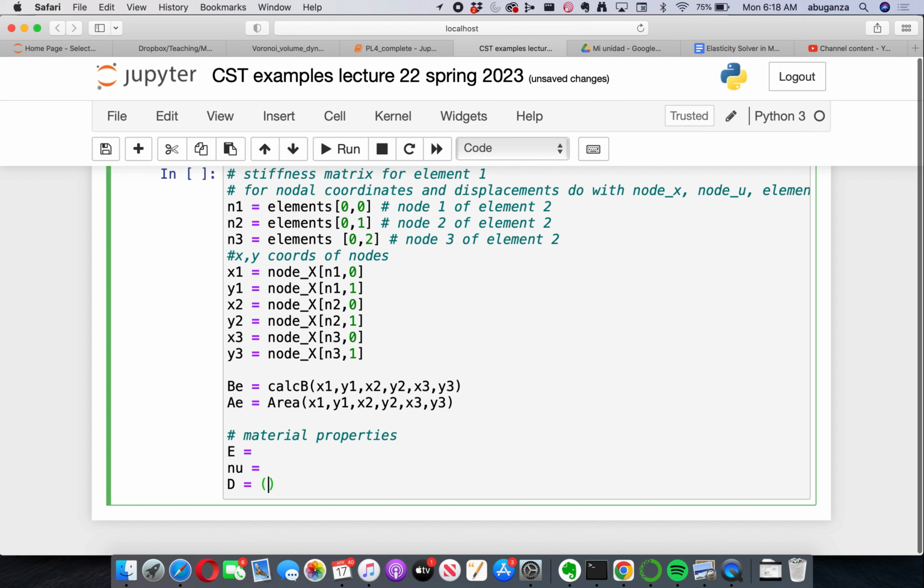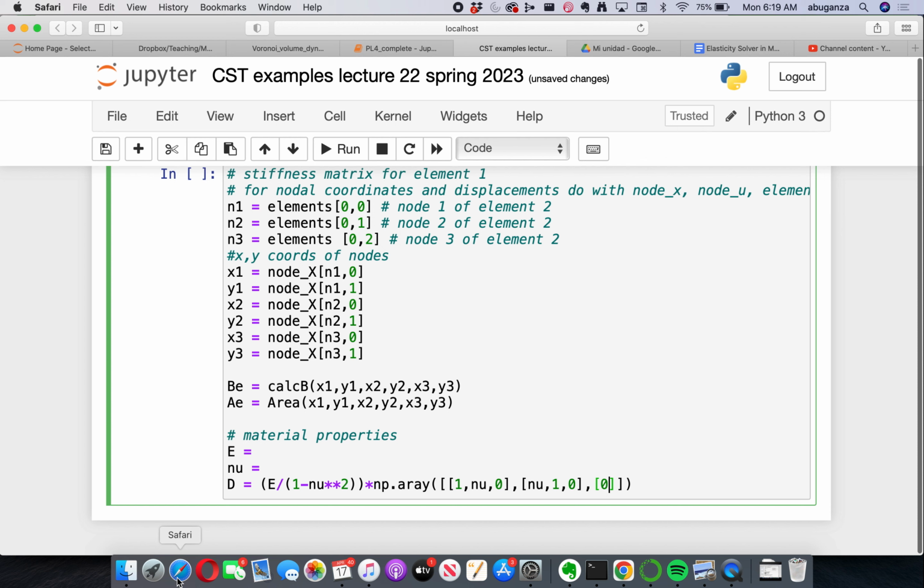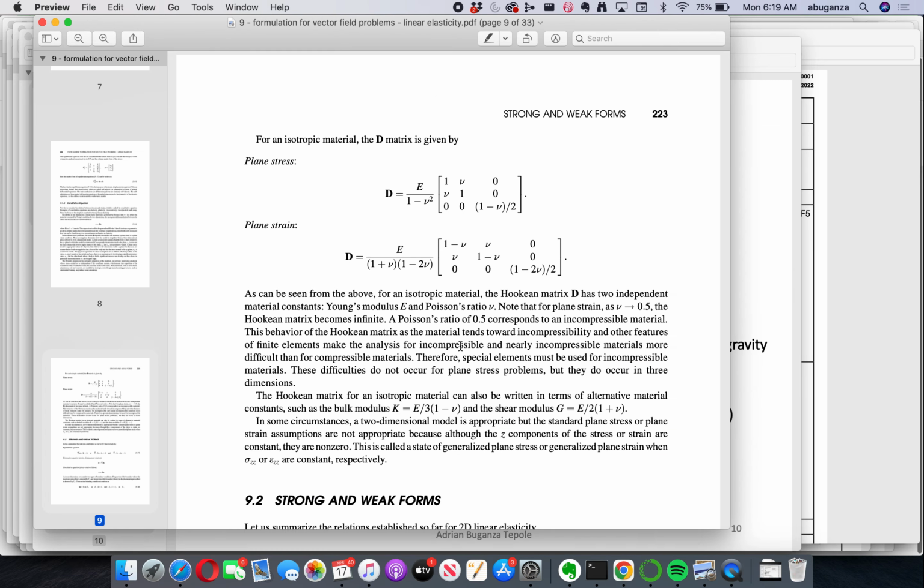So this is E over 1 minus nu squared times np.array, and then 1, nu, 0; nu, 1, 0; and the last row, 0, 0, (1 minus nu) over 2.